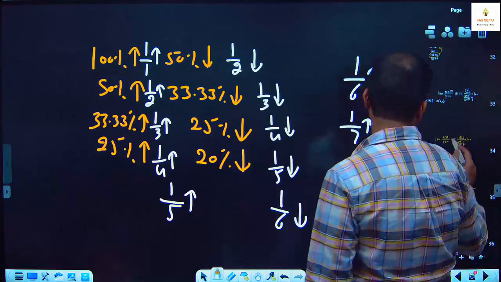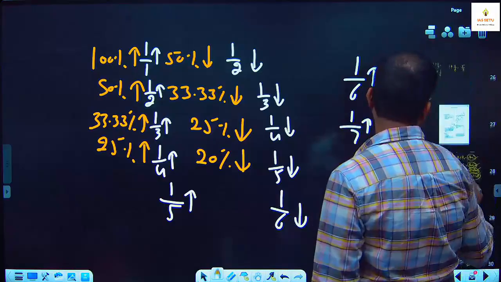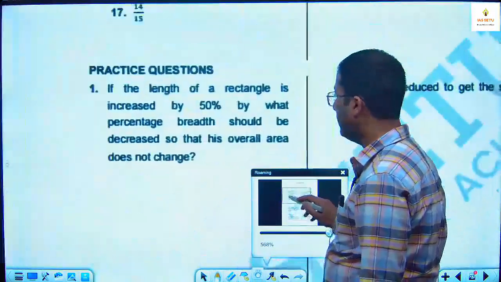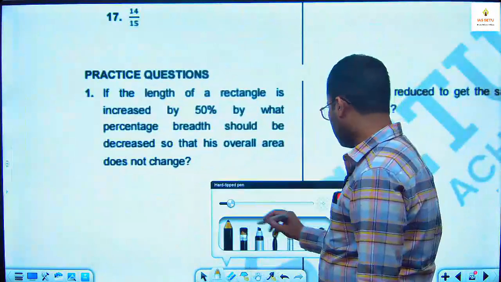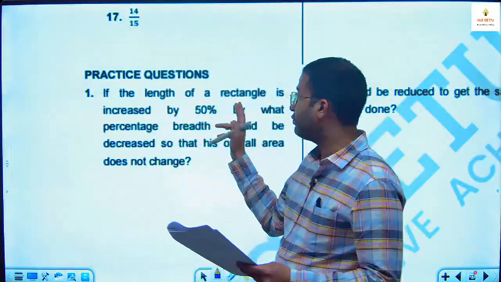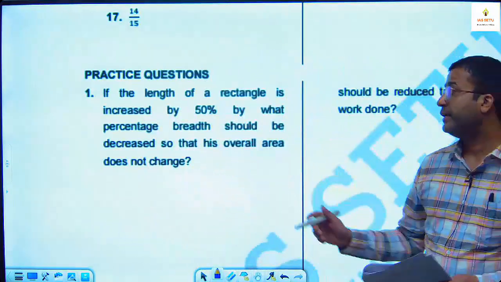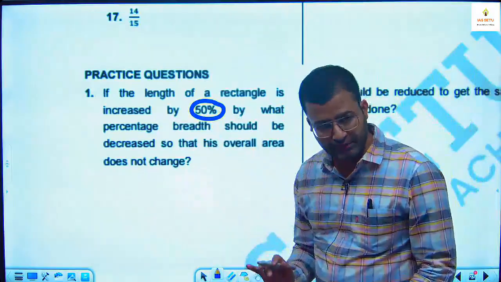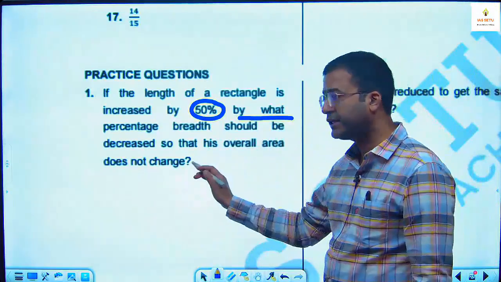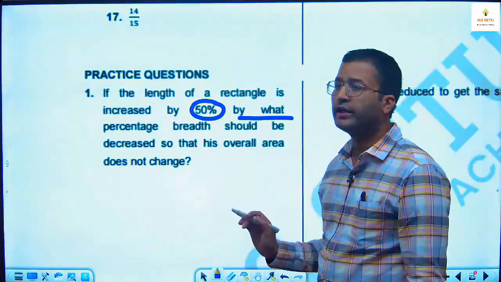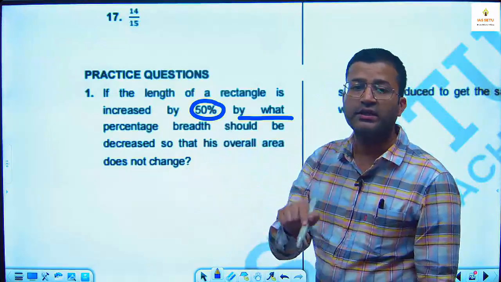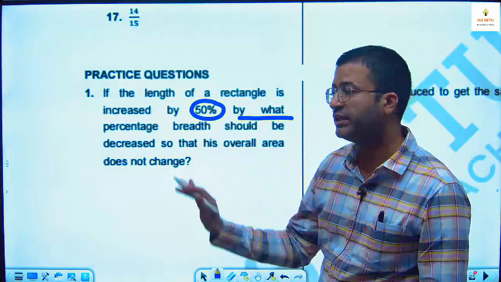Page number 8. Question number 1. If the length of a rectangle is increased by 50%, by what percentage breadth should be decreased so that its overall area does not change? 50% increase compensated by 33.33% decrease.